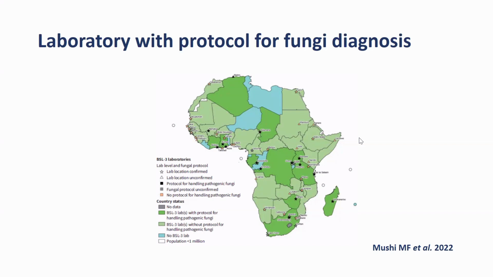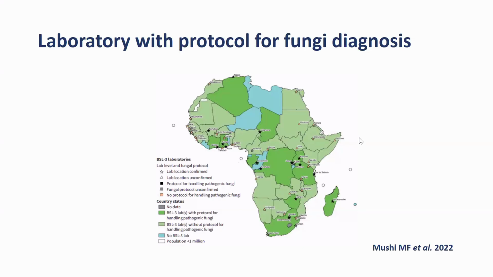Because fungals have to be handled in how many labs? And as you can see in the map, there are very few laboratories. There are still countries which do not have a laboratory with biosafety level 3.